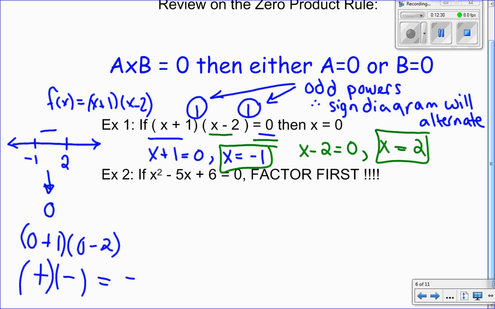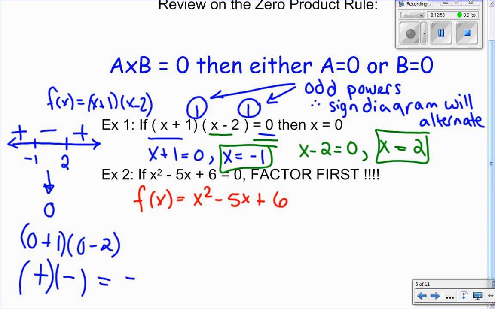So we know this part of our sign diagram is negative. Again, because they're odd powers of zeros, we're going to have an alternating sign diagram. So it's going to go positive, negative, positive. Okay, assuming example 2, this is our function.